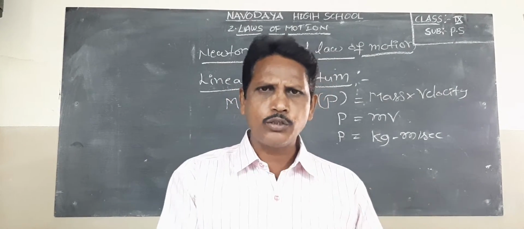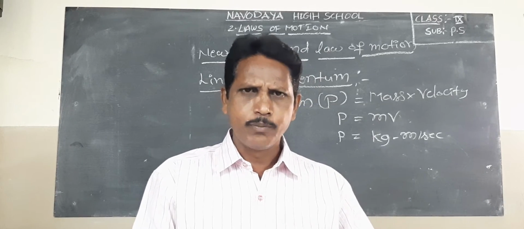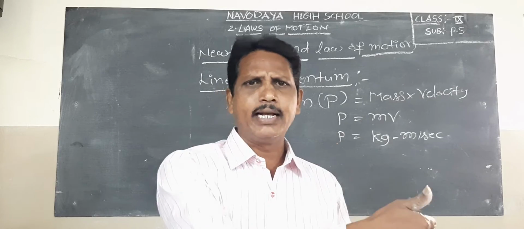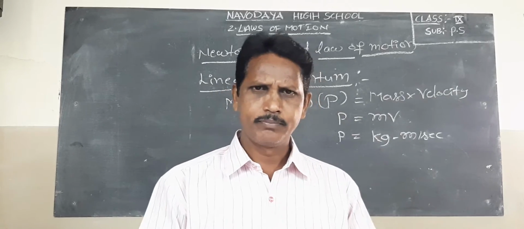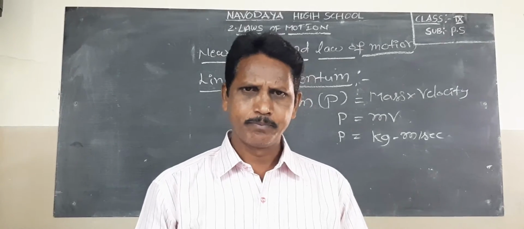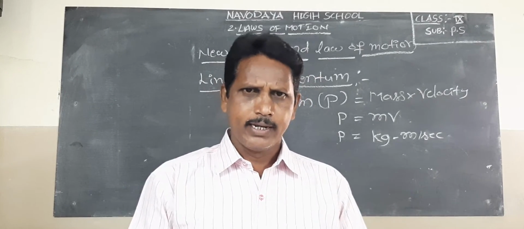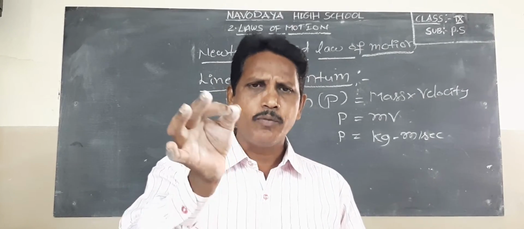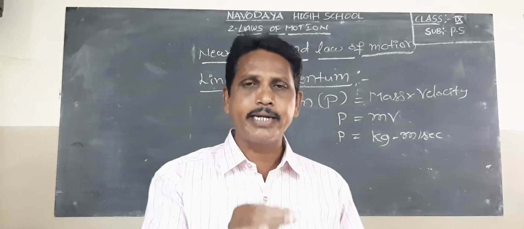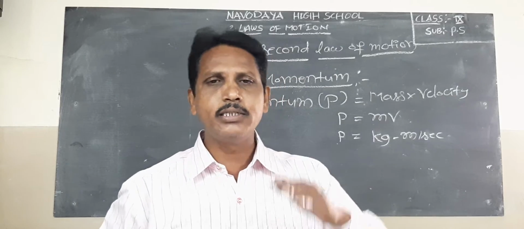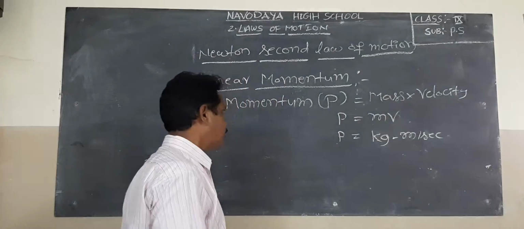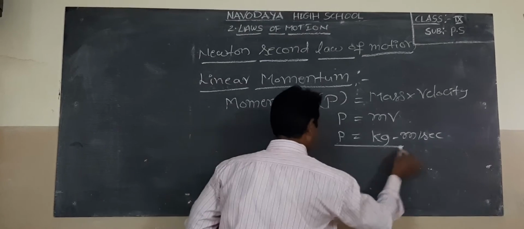We apply some force on any object, it moves with a certain velocity. So that body has a certain momentum. Momentum is the product of mass and velocity. The rate of change of momentum is directly proportional to the applied force.